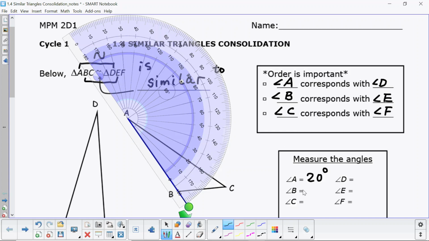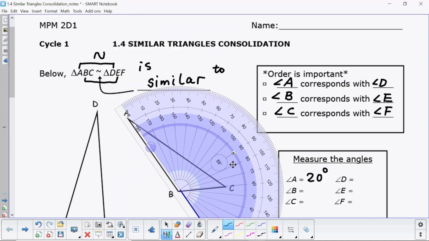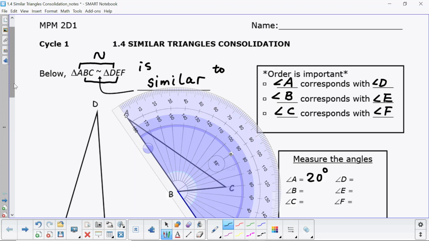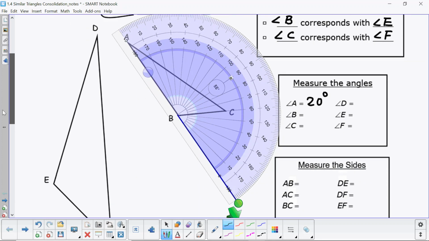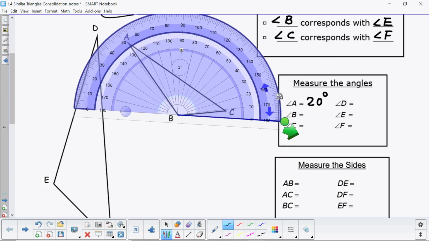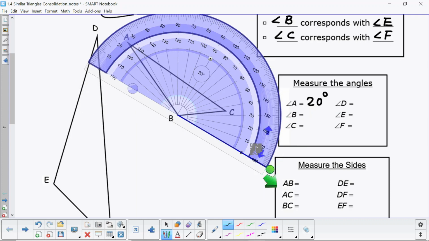Then we are going to measure, maybe just continue with angle B. So just do it. Remove this one. Center at here at B. Then we are going to rotate. Okay, sorry.